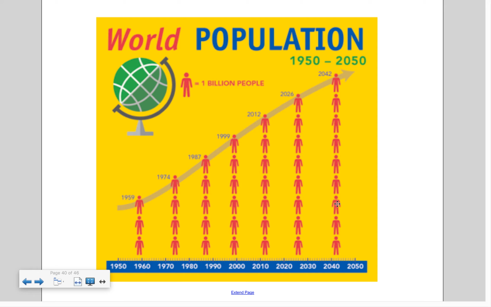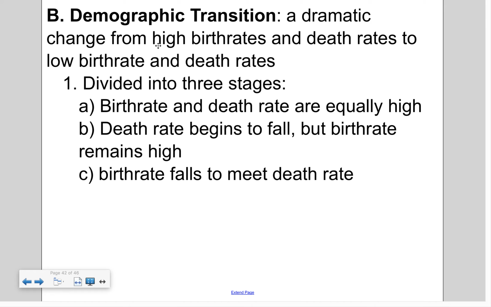Your book has a definition called demographic transition, a dramatic change from high birth rates and death rates to low birth rates and death rates. And I think we're starting to see that in the United States. Back in the 1940s, 50s, and 60s, we had the baby boom after World War II, people settling down, starting families. We had high birth rates, and people were living longer, low death rates.